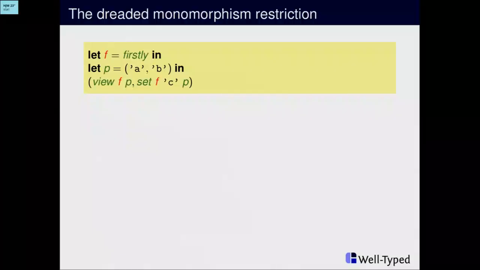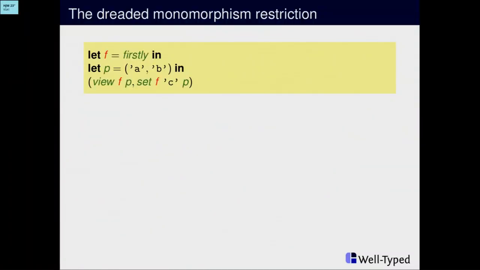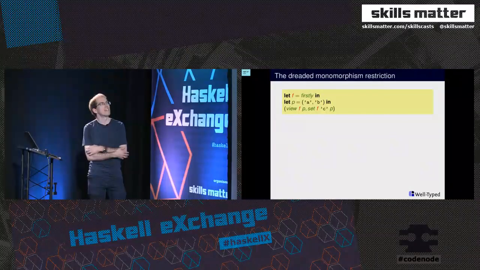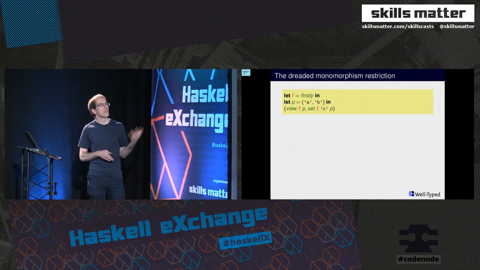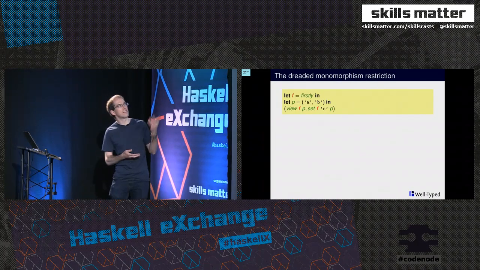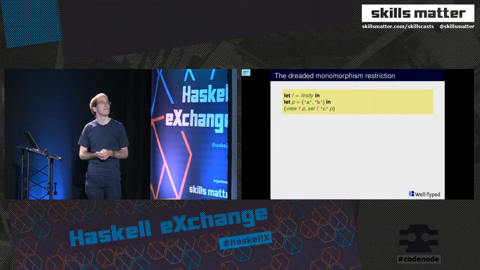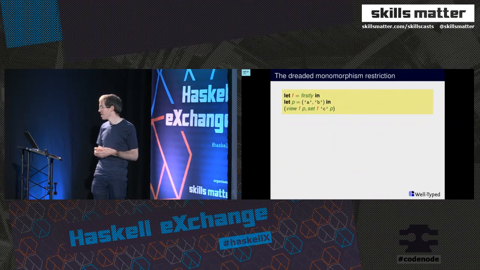On the other hand, we also have the problem that some things don't quite work and we'd like them to. So let's have a look at this term. So I'm going to locally make an alias f for the firstly lens that I defined earlier. And so I've got some pair p, and I'm going to try using f as both a getter and a setter. So what's going to happen in this case?